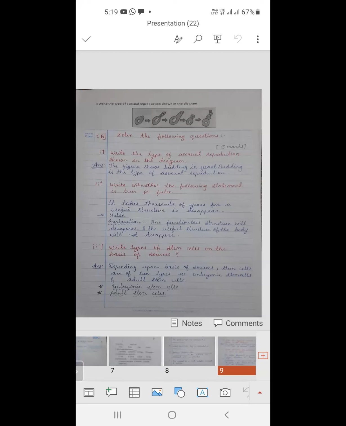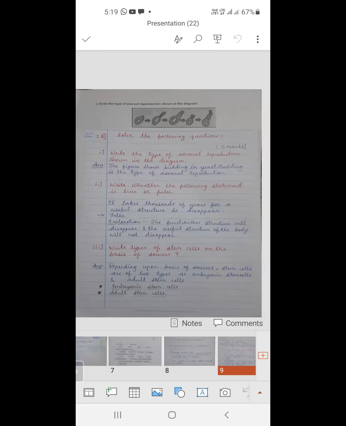If the useful structures disappeared, many parts of our body would disappear, and the whole body structure would be of no use. So the structures that have no function in the body and are of no use will disappear. This statement is false, and you have to write the explanation in this way.